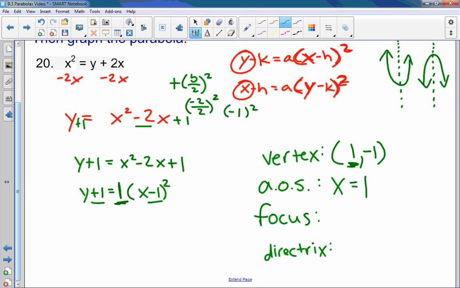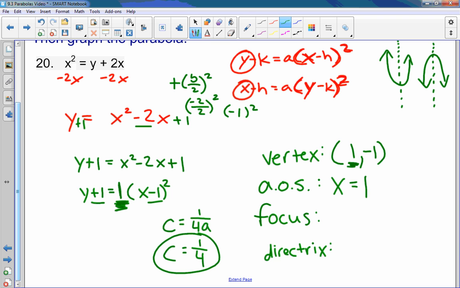It's imaginary right there because it's 1, because nothing's up there, so it's a 1. So if my a value is 1, c is equal to 1 over 4a. Well, if my a value is 1, c is equal to 1/4, which means the focus and the directrix are a distance of 1/4 away from the vertex.